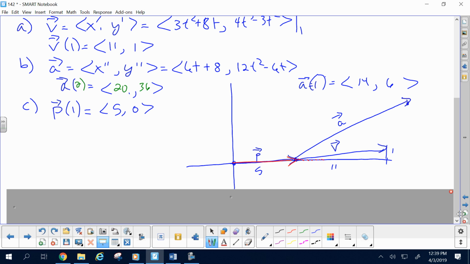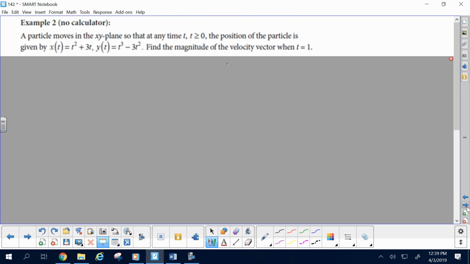So from the head of that, going right 11, up 1. We do arrows. And then this guy is 20, 36, so this one probably should be sloping a little more because its slope is more like 9. Yep. I already did it. Okay.